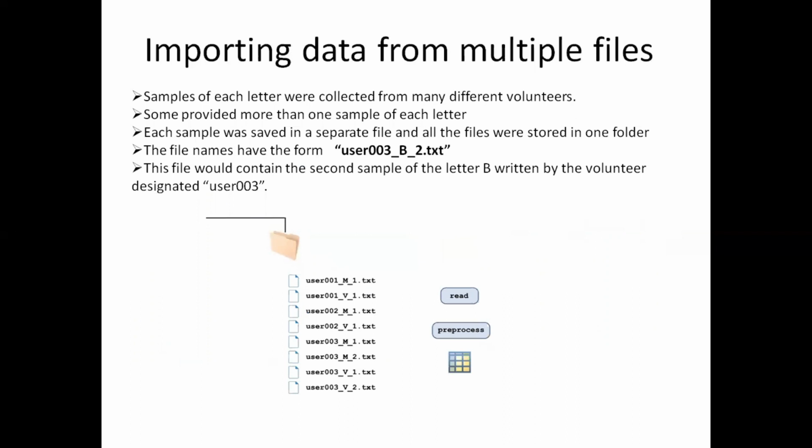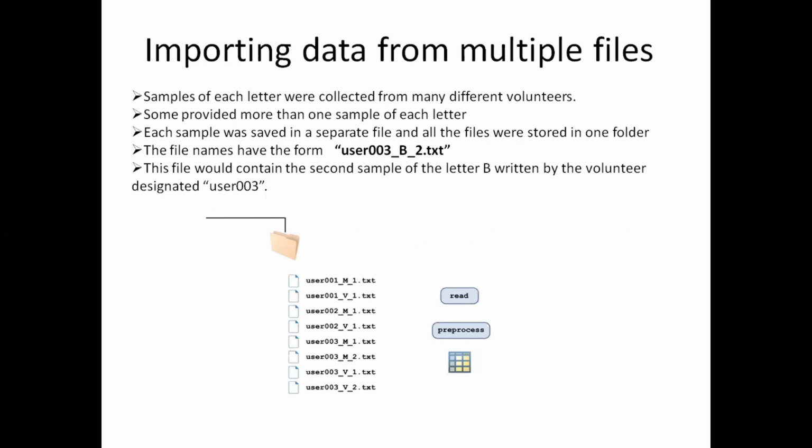Before we start using that function, for this specific example, we assume that the files have been named as follows. Because the samples have been collected from many different volunteers, and each volunteer has provided more than one sample of letters, and also different alphabets, the file names have been given like this.